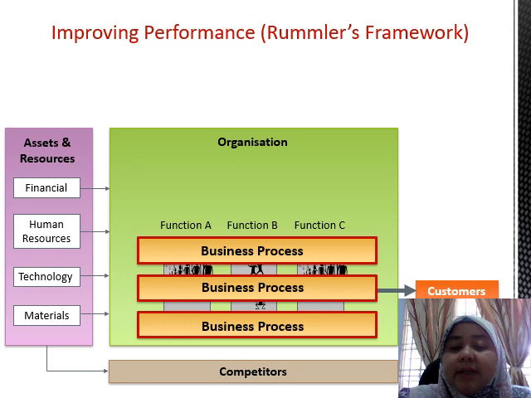So basically there is a competitor below, because in an industry, an organisation must have its context of industry. In any industry, there's a lot of competitors. It's not only you who does business. A lot of other people are also doing the business as well. So those are your competitors.